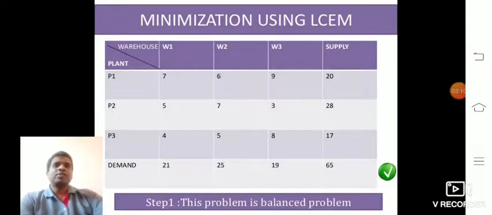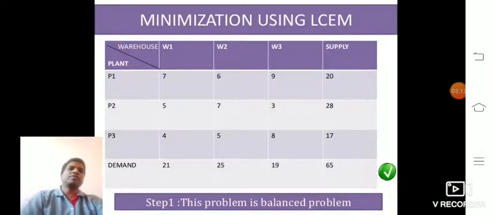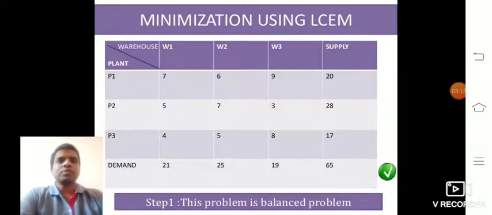Now the same problem that we discussed in the first lecture, you can solve by using the lowest cost entry method, or we can call it the least cost entry method.